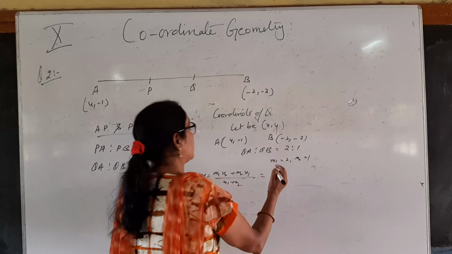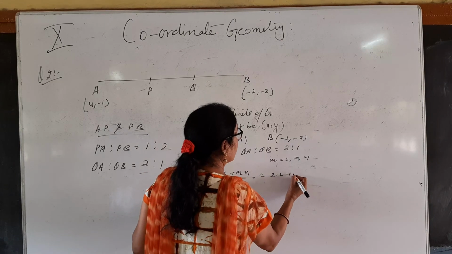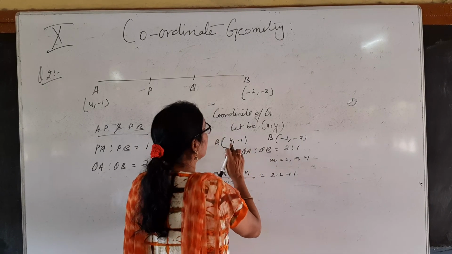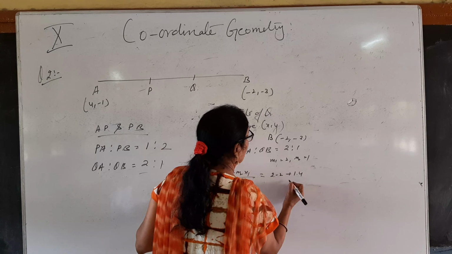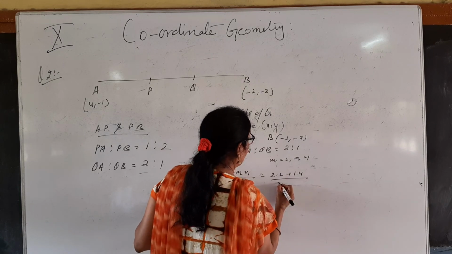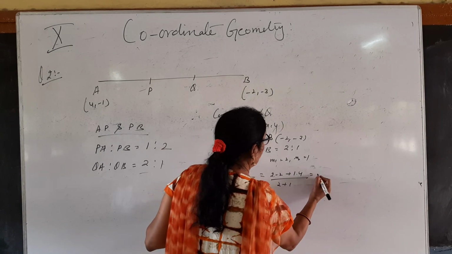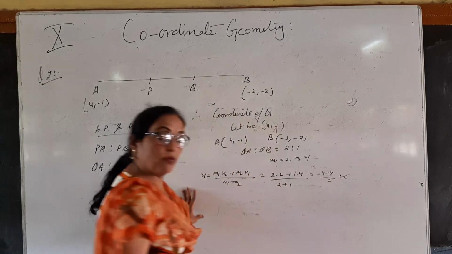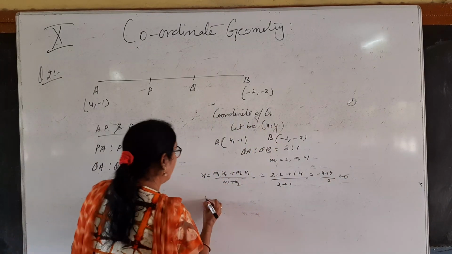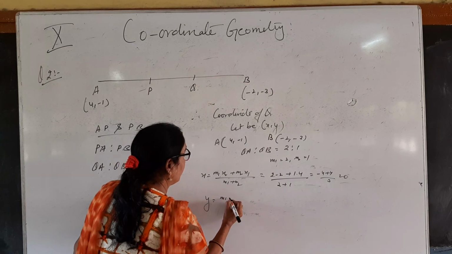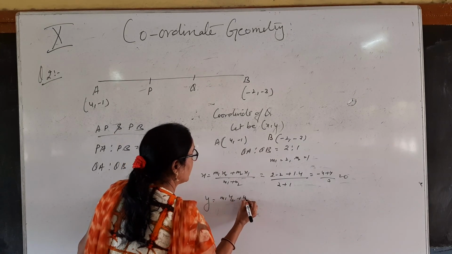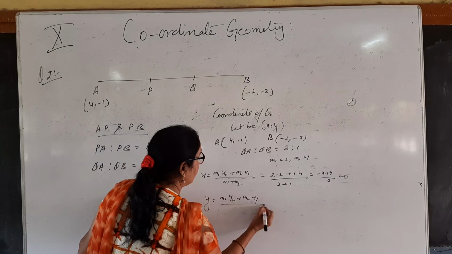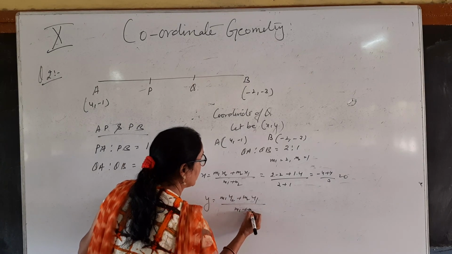So m1 is 2, x2 is −2, plus 1 into 4, upon 2 + 1. So (−4 + 4)/3 is 0. Then y is (m1·y2 + m2·y1)/(m1 + m2).